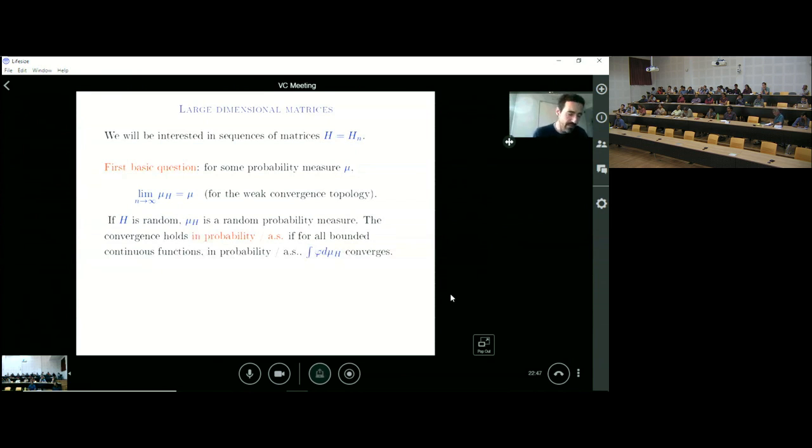If the sequence of matrices is random, then we mean weak convergence either almost surely or in probability, depending on whether the convergence for a test function is almost sure or in probability. And the second basic question is: do you have convergence of the operator norms, or more generally convergence of the left and right edges of the support, meaning the largest and the smallest eigenvalues?